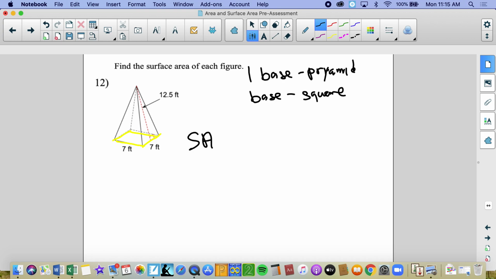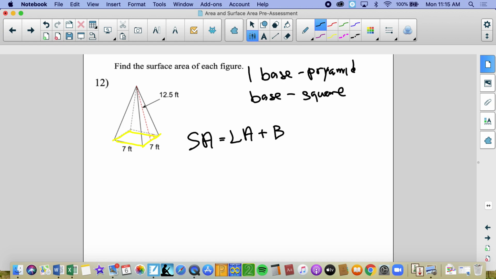Surface area of a square pyramid is still lateral area plus base area. Notice there's not 2 in front of it because we don't have 2 bases. We only have a single base. The lateral area consists of 4 faces, 4 triangles.